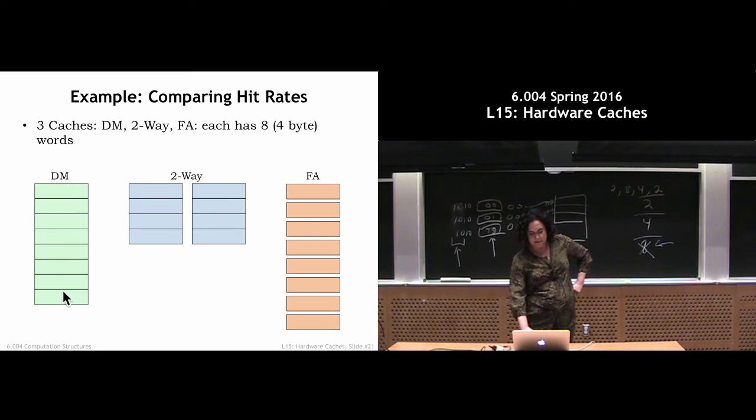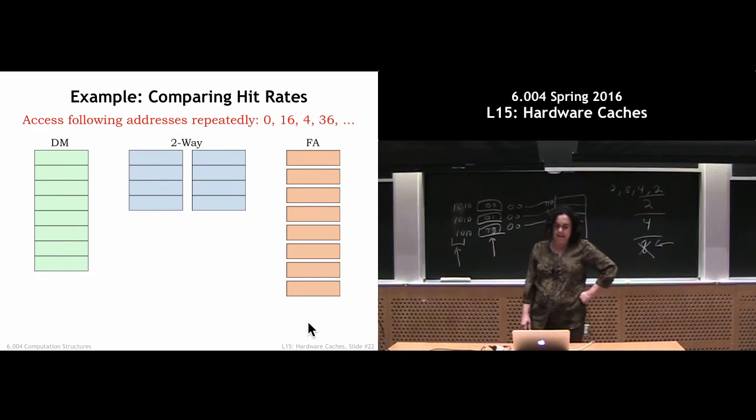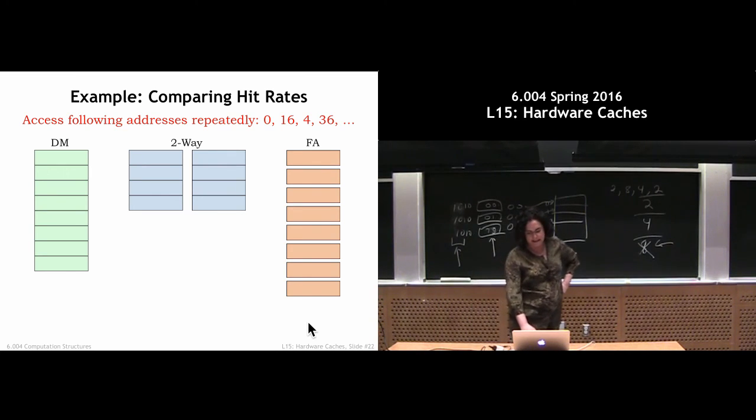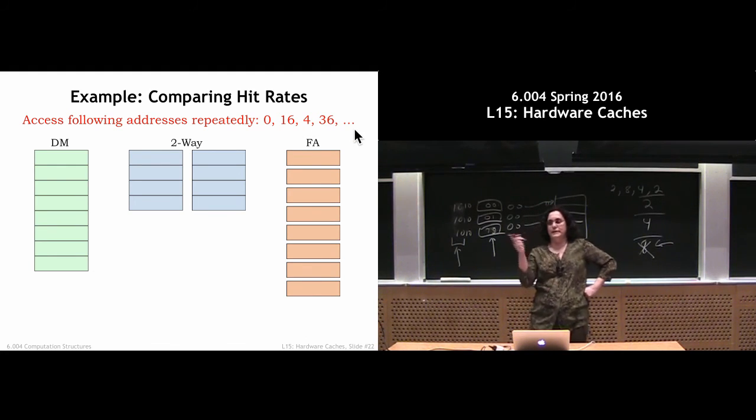Okay, so the direct mapped has 8 words, the two-way has 4 sets, each of 2 words, and the fully associative has 8 independent locations, which means you can map to any of them. All right, now suppose that I'm telling you that the sequence of addresses that I want to access are 0, 16, then 4, and then 36, and then I'm going to repeat it in a big loop, okay? So I want to figure out how do my hit rates compare for the different types of caches.